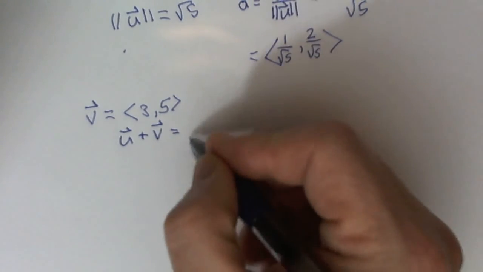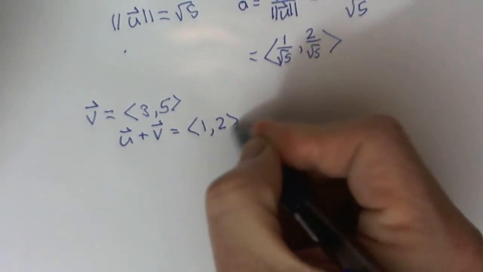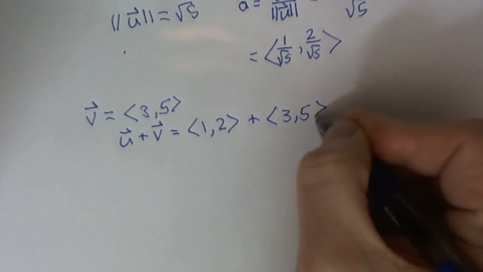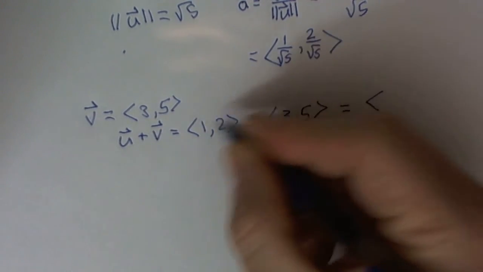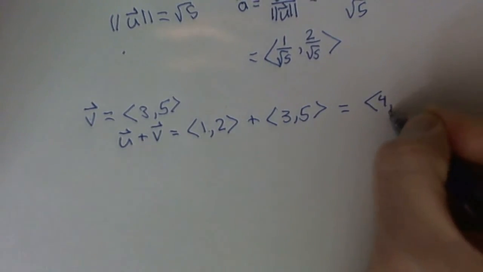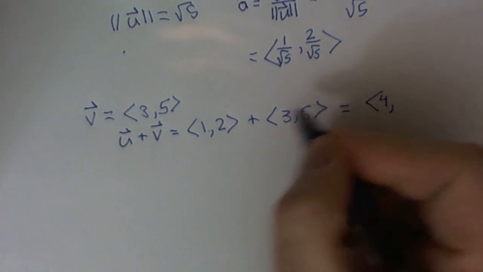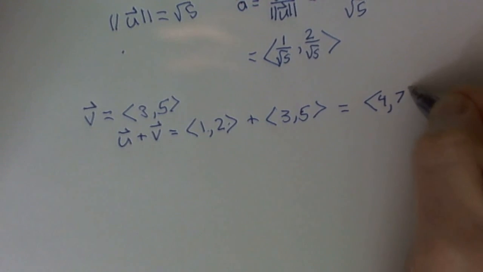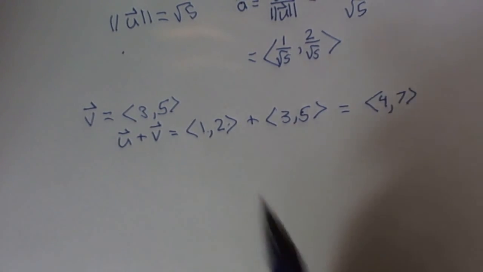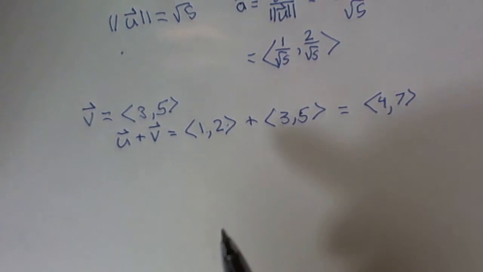So we've got the vector u and the vector v. We could just add the corresponding components. There's 3 and 1, that's 4. And then 5 and 2, that's 7. So there we have it. We added those vectors, and if it was subtraction, we would just subtract.